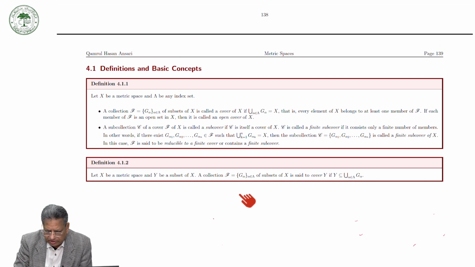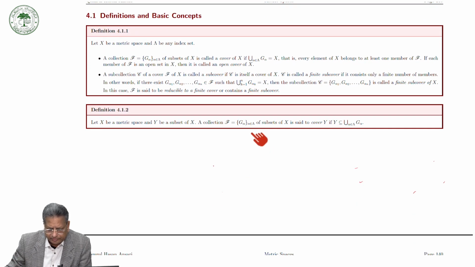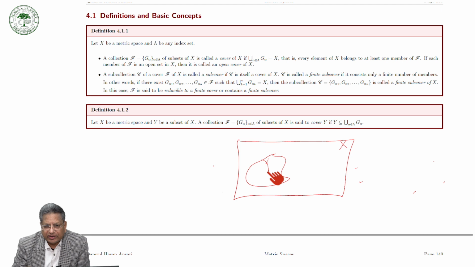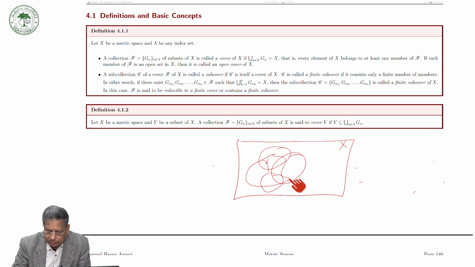Namely, suppose this is your metric space X and this is my Y. Then you have a collection of subsets of X. So this is my G1, this is G2, this is G3 and this one is G4.